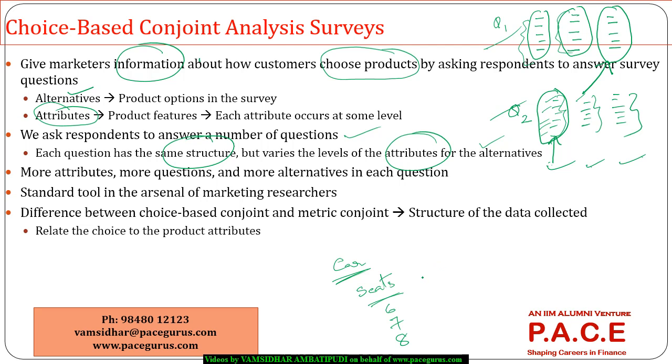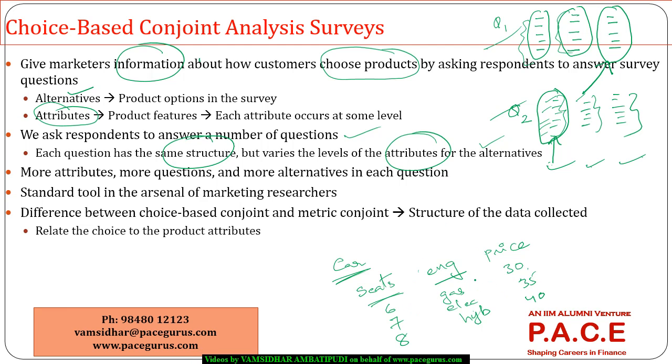Or probably I can talk about the engine that a customer would prefer. Would he prefer a gas engine, an electric engine, or a hybrid engine? Or probably I'm talking about price. Would he be interested in 30,000 bucks, 35,000 bucks, or 40,000 bucks?